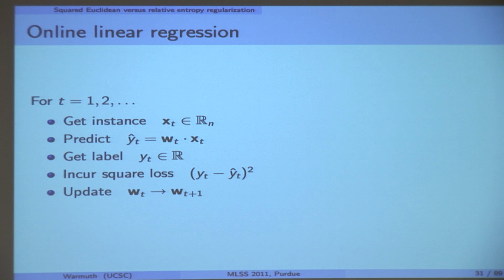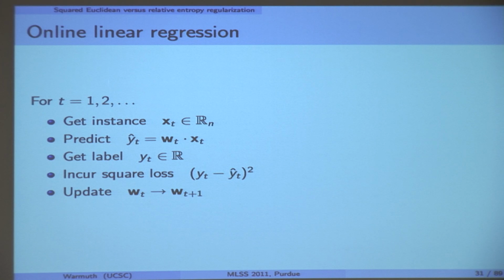So here's your setup. It's an online learning setup. You have trials again, and you get a point in R^n, right? An n-dimensional Euclidean space. Your parameter vector is a weight vector. So you predict with your current weight vector dot product. You get a label, and then you see how far you were off.